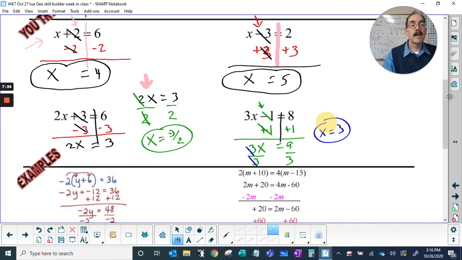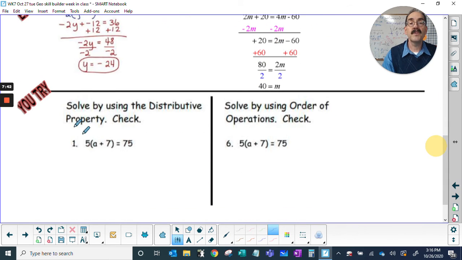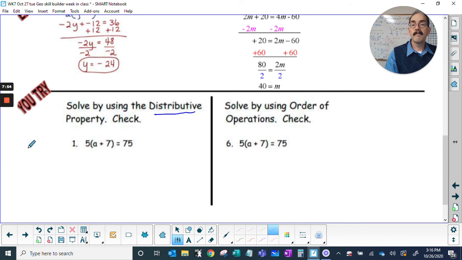Now the distributive property. We have to learn the distributive property. A lot of you have done this, but we need to practice it. To distribute: when you see parentheses, parenthesis means multiply.